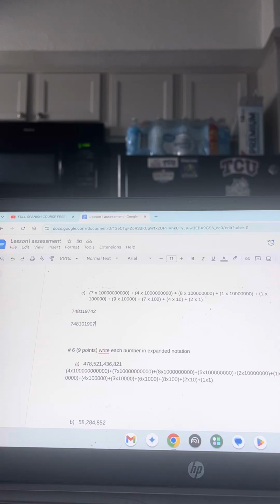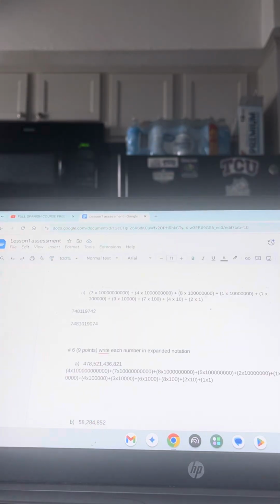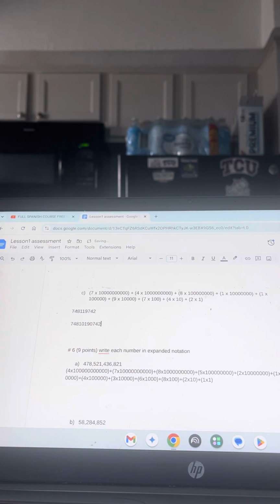Yes, 4 times 10, which means that 4 is going to go in the tens place. Now, what place value comes right below the tens? The ones does. Do you see anything in this problem being multiplied by 1? I see a 2 times 1, which means that 2 is going to go in the ones place.